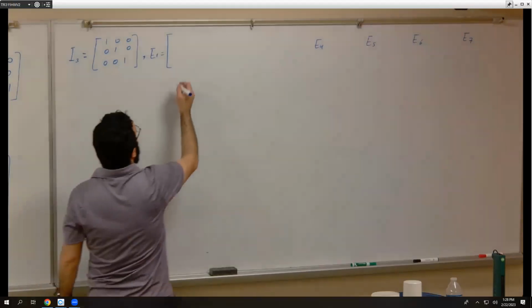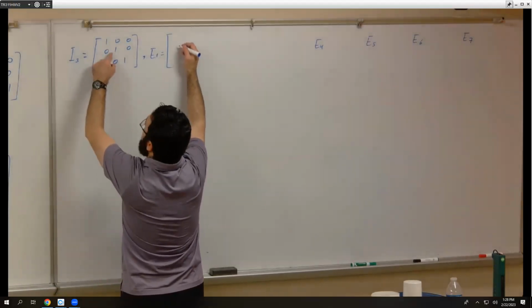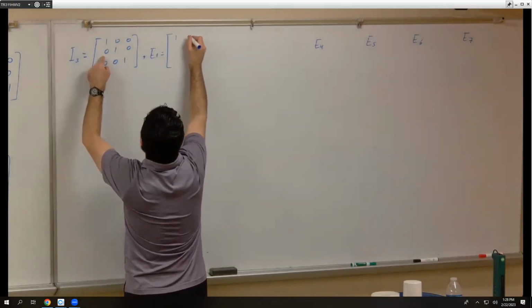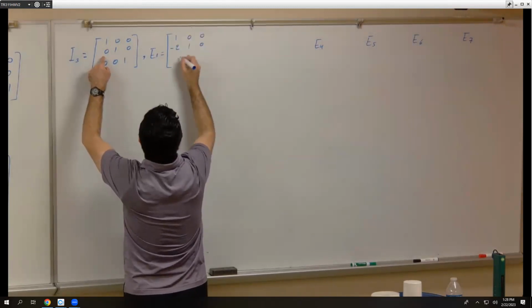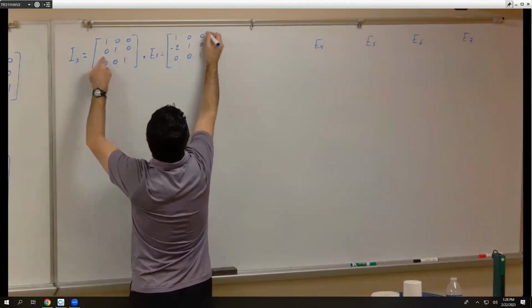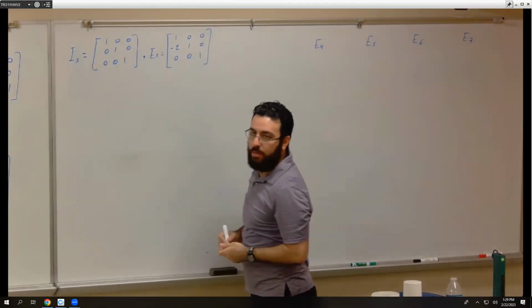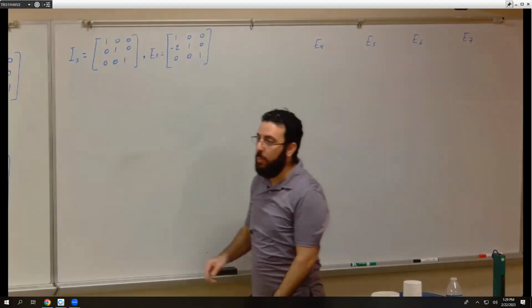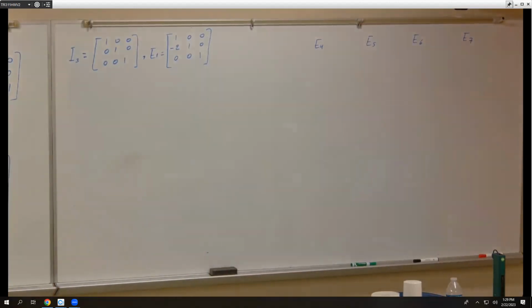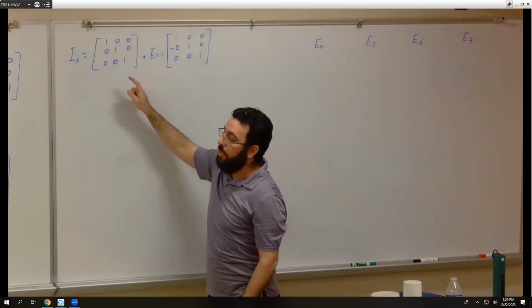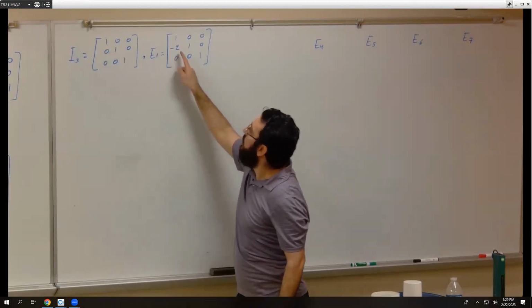So I'm going to change this number here to -2. So this is the first elementary matrix. You see what we did here? -2. Here's my identity matrix. I'm going to change this number here to -2.